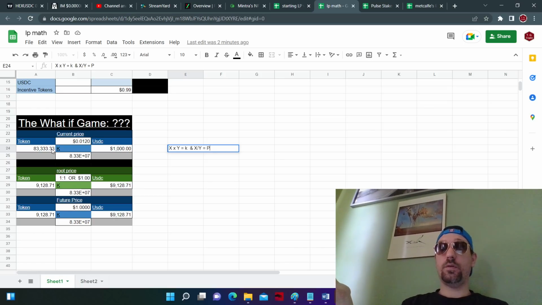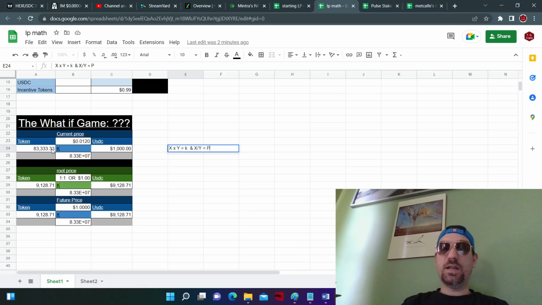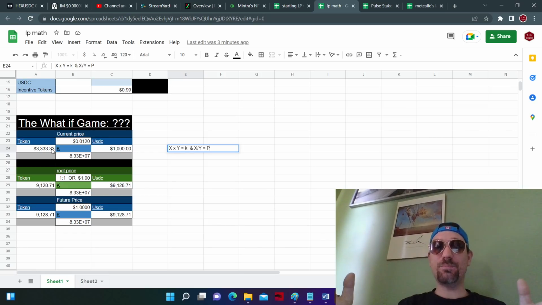But it said $1 a token, and I only spent $1. Why didn't I get a token? Because of slippage. Because the actual price is that division subtraction. So if you can see how much is in liquidity and go, oh, well, I'm exactly going to double that, well, then you know you get exactly half of what's in the other side. Doesn't matter what the price is. That's how slippage works. It's not really a big mystery.